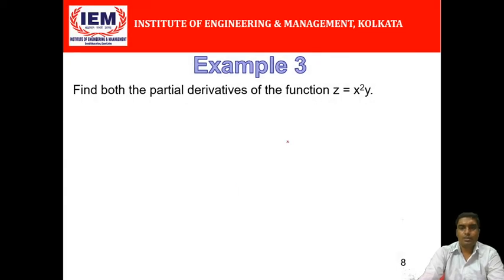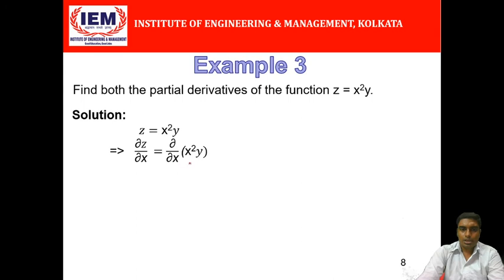Now the third example, where we have z as x square y. In the case of the partial derivative with respect to x, here y is not a variable. Remember this when you are differentiating in the partial way.